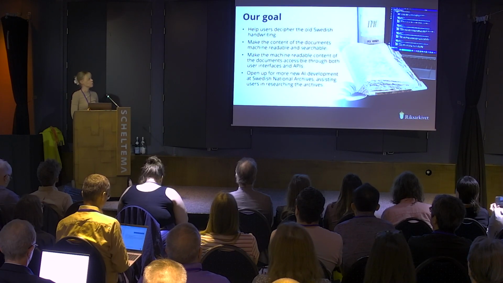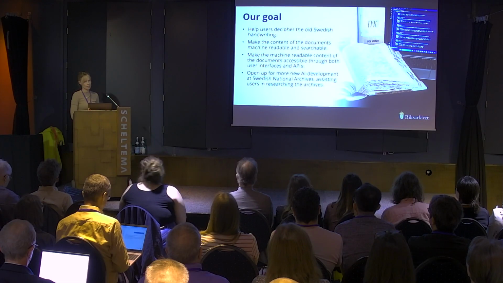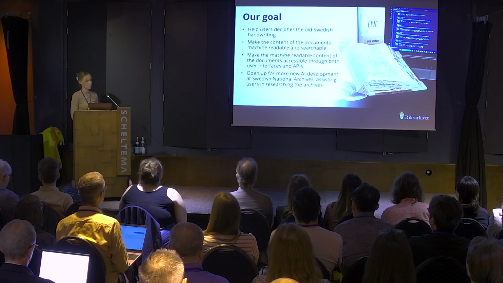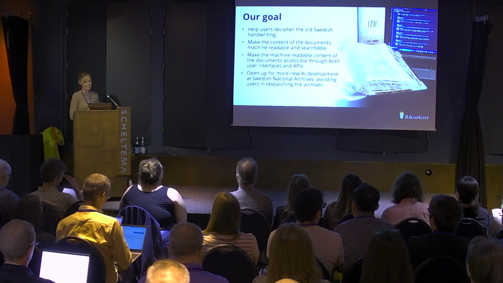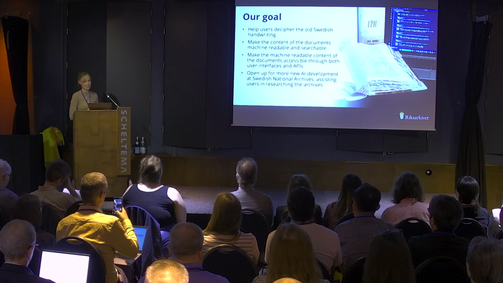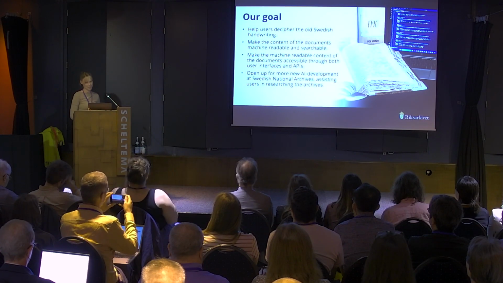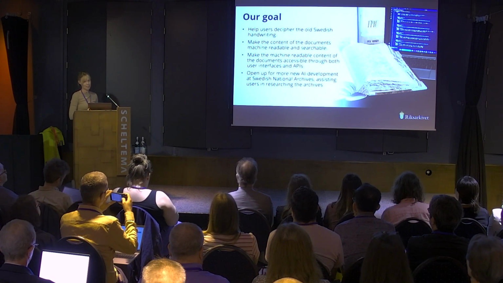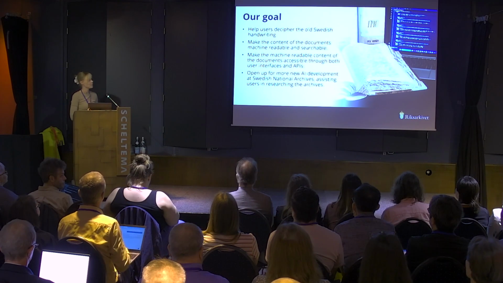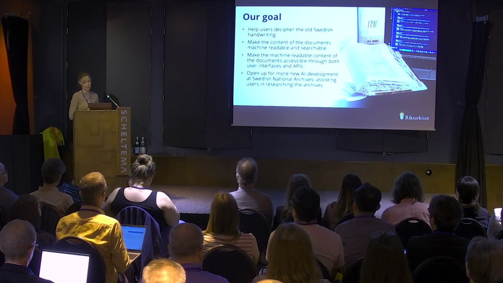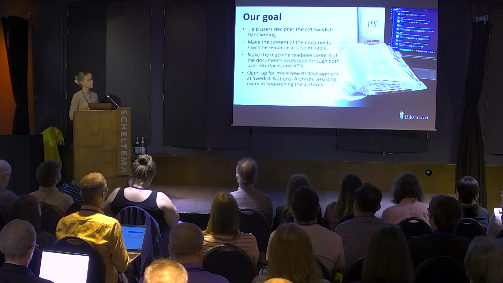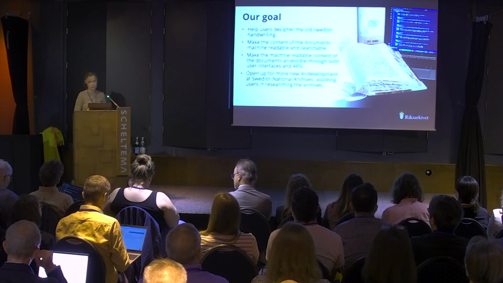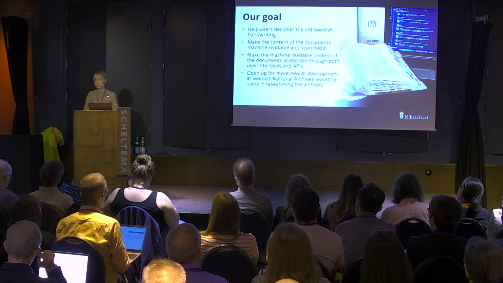So we want to do something about this. Our goal is now to do several different activities and new developments to try to make this situation better. We are taking actions to help users read the old Swedish handwriting. We are making the content of the documents machine readable and searchable.